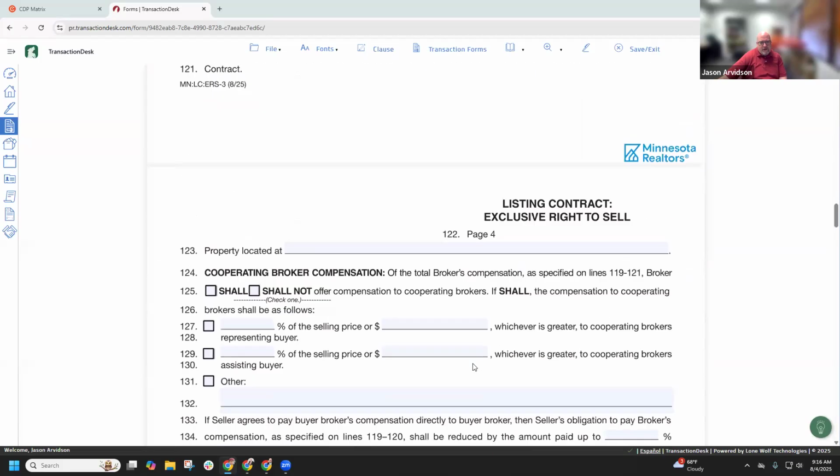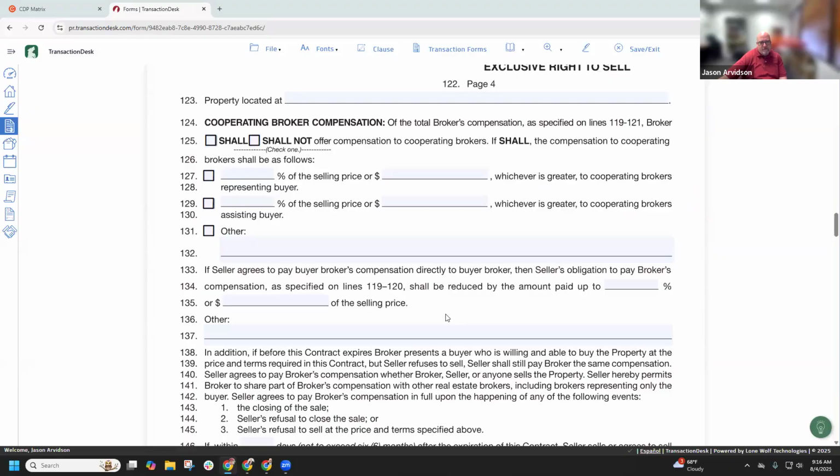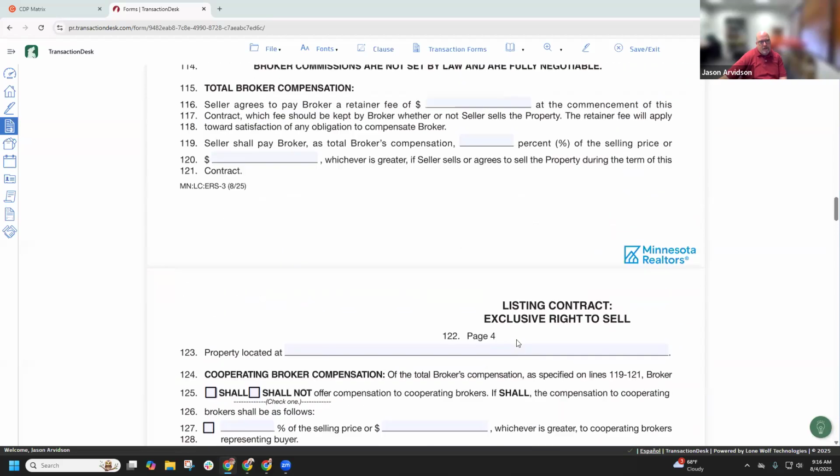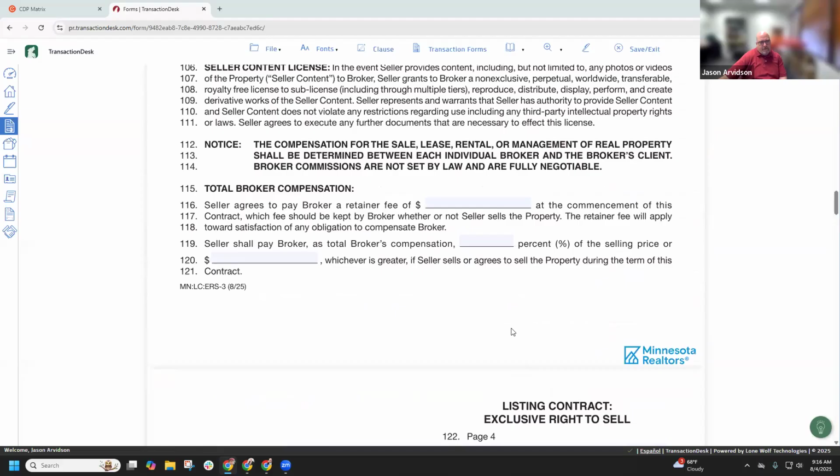Just being clear here, I think this one really helps clear up if the buyer's representative is paying less. If the buyers are paying less percentage than you are offering, then you don't have to pay the extra, if that makes sense.